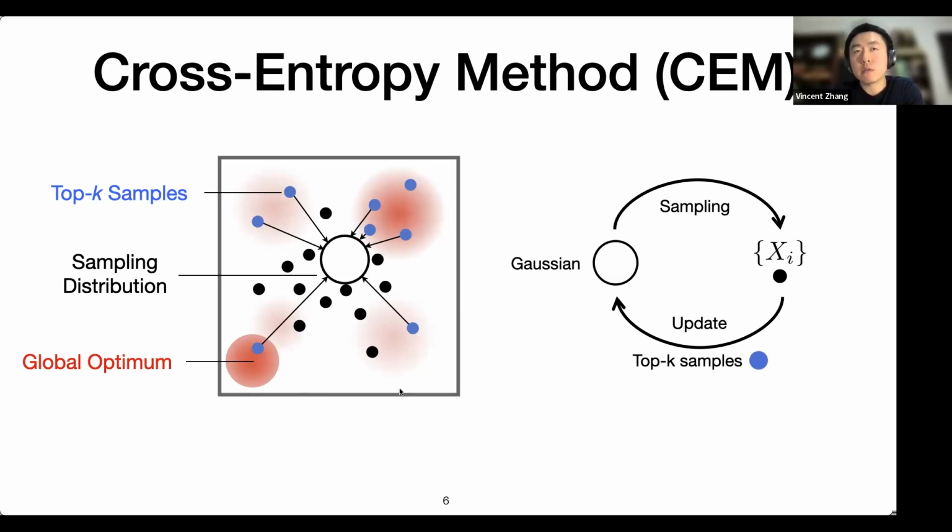And what I forgot to explain is what this square represents. You can think of it as a value landscape. The more red it is, the higher the value. On the left bottom, we have the global optimum, and there are a couple of local optima as well.